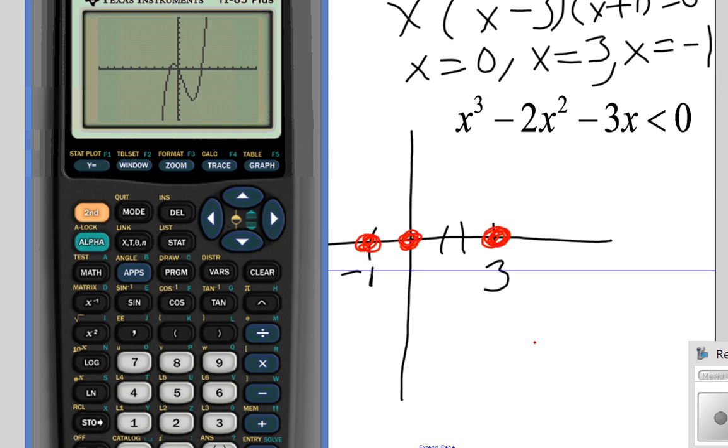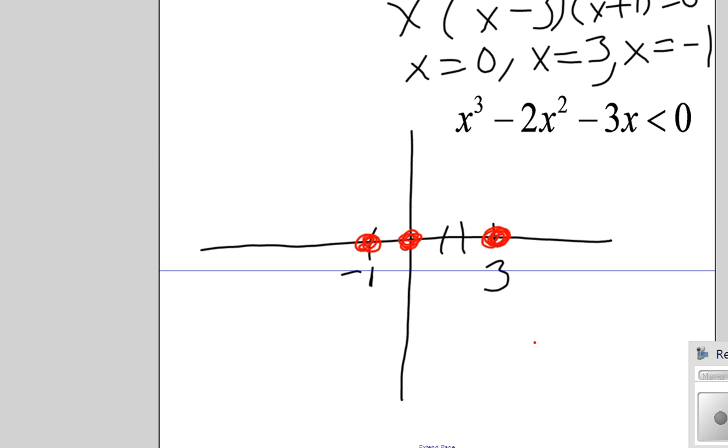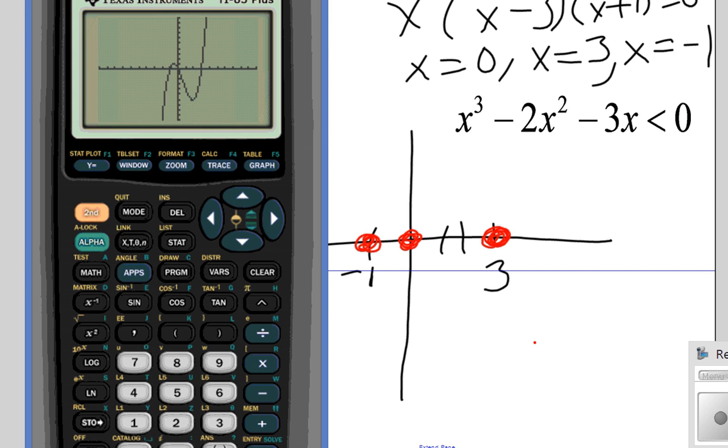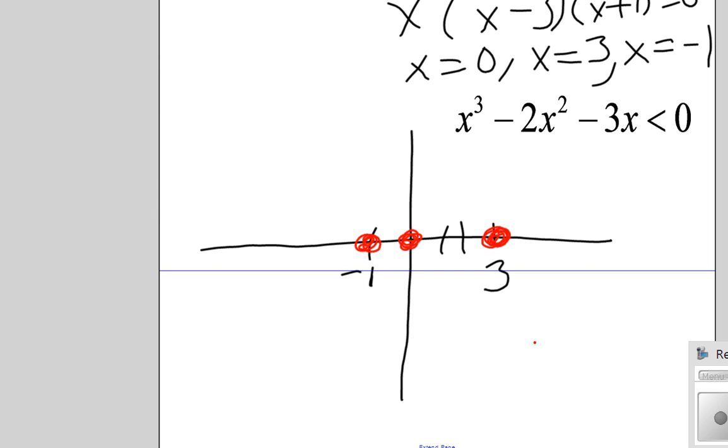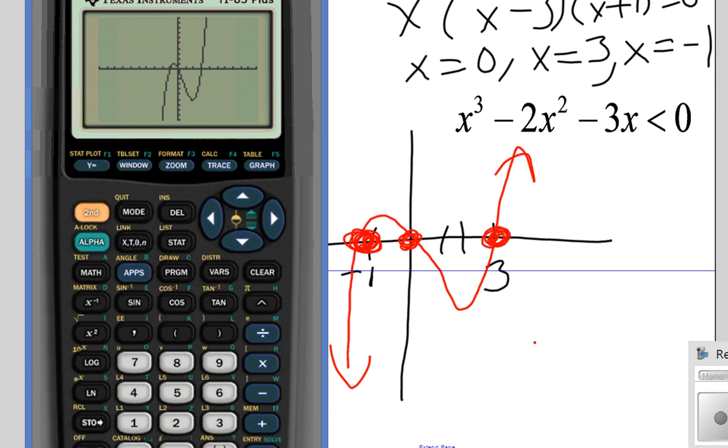All right. Let me try and graph that. Let me look at it again. Okay, got it. It doesn't have to be precise at all. All I really need to know is what parts are above 0 and what parts are below 0.